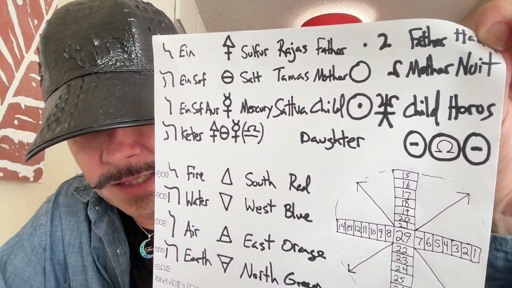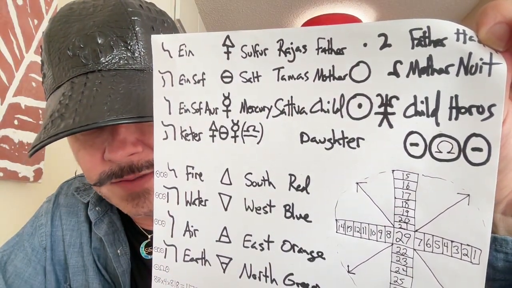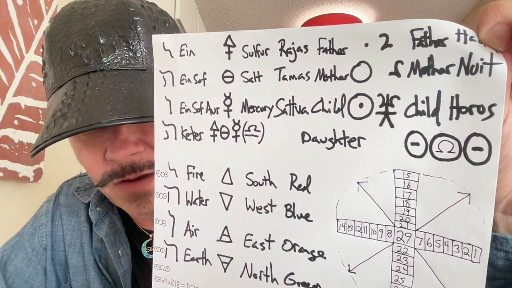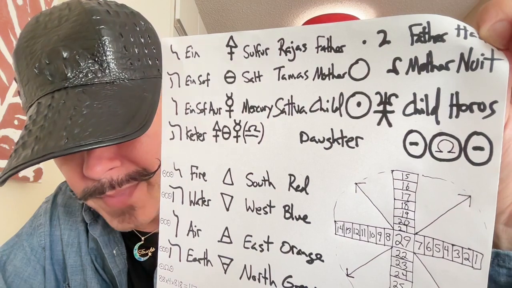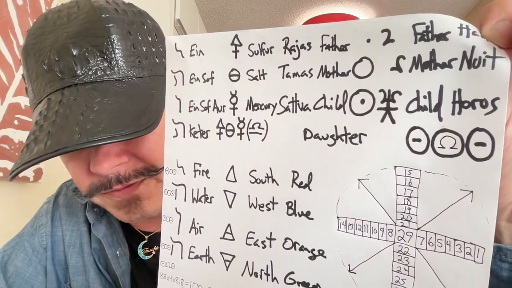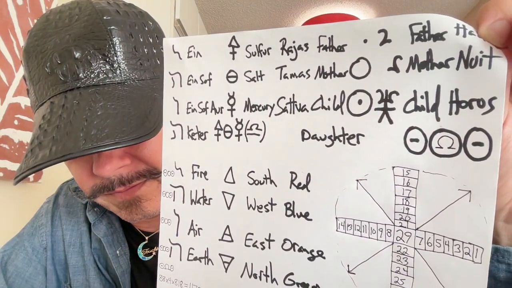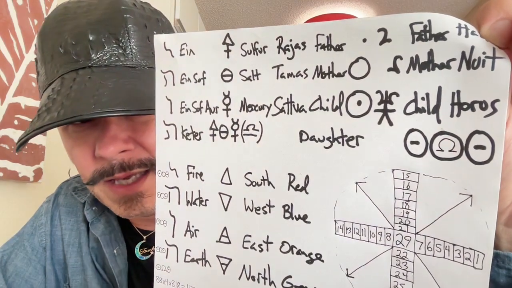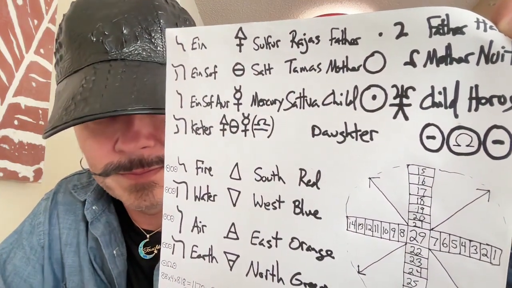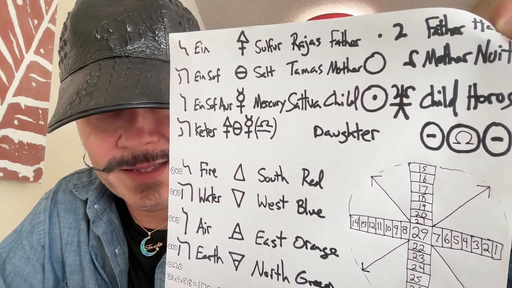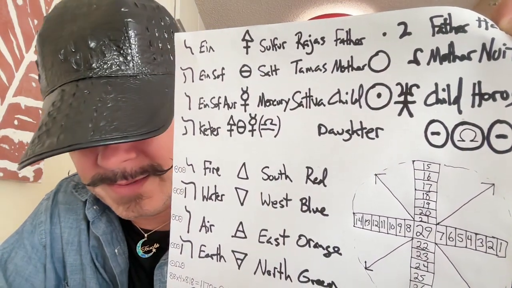And the last section of the Ein region of the Tree of Life, the Ein Sof Aur, is the great Mercury, Mercurius himself. He emerges from the great salt sea, carrying the caduceus wand.